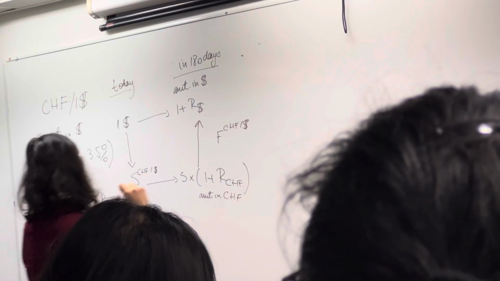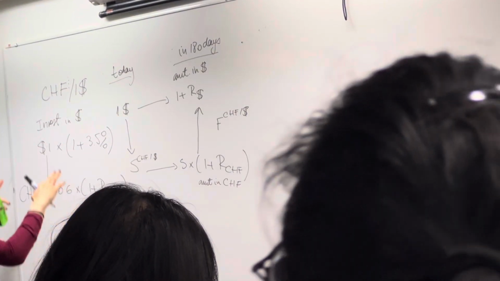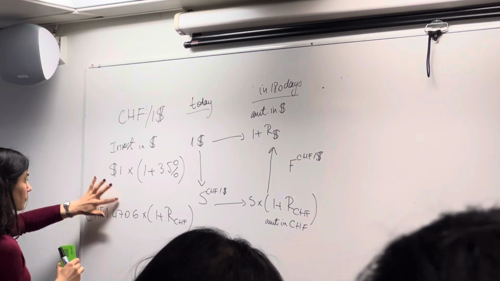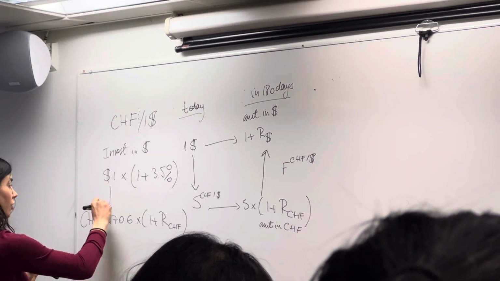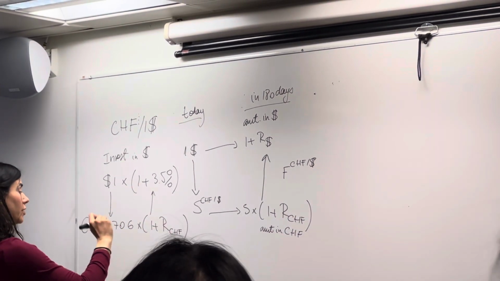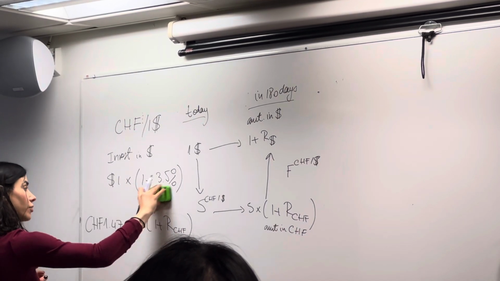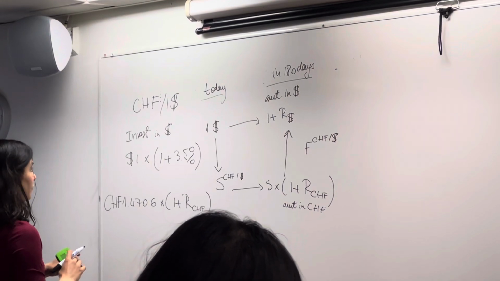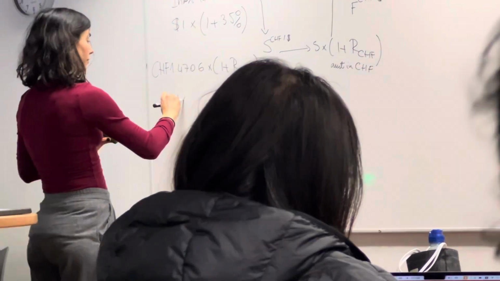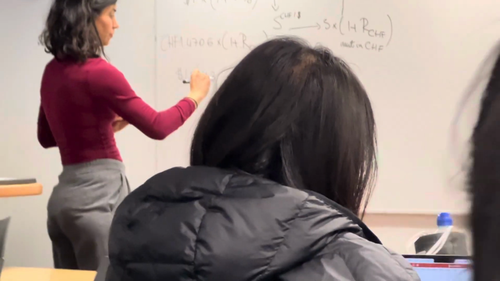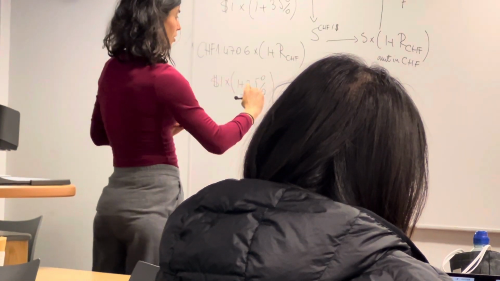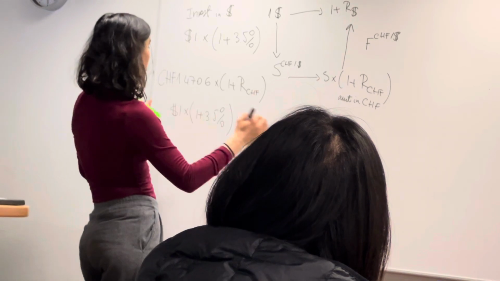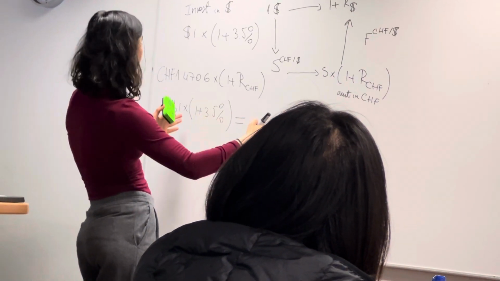Do we divide or multiply? Divide. Now I want to bring this right back to here to compare. So I'll rewrite it so that it's not so confusing. We have the $1, and we want to bring parity: we want the two options to be equal.